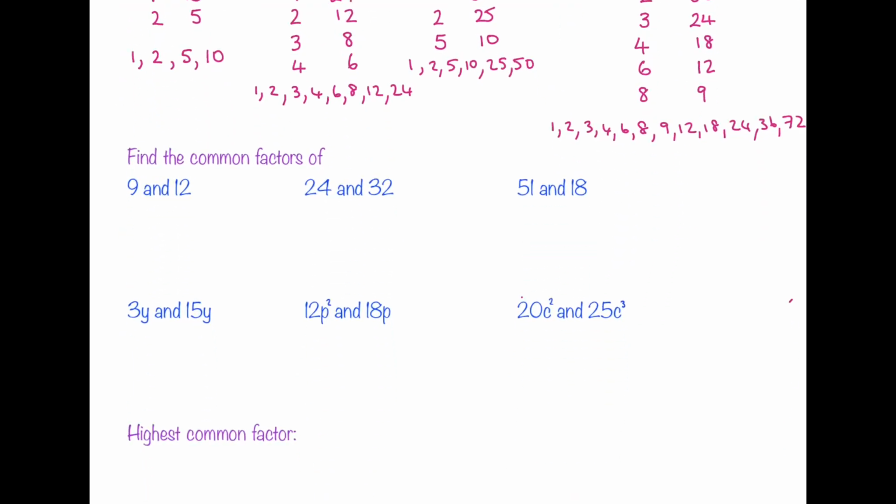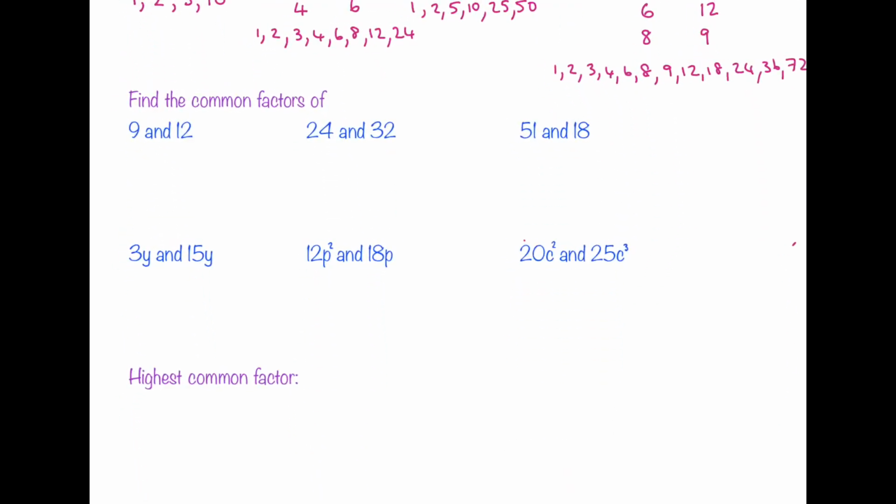Now, next question I need us to look at is finding common factors. So that's numbers that are factors of both of the numbers. So we want to know, basically, if we listed the factors of 9 and the factors of 12, which ones would they have in common? Okay, so the factors of 9 to start with, if we were to write them out like we were doing previously, we'd get 1, 3 and 9.